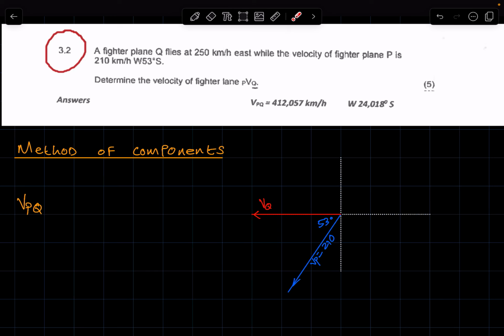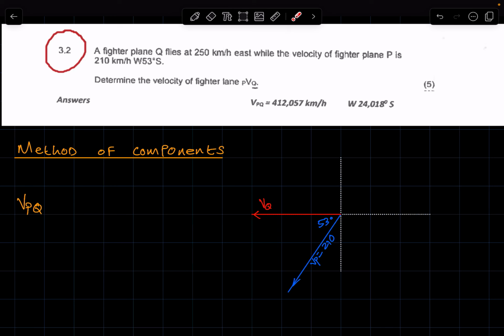Now, how do we denote our velocities once we've identified that direction? Because we are using the method of components, if your vectors are oblique vectors, we have to apply conditions of equilibrium.